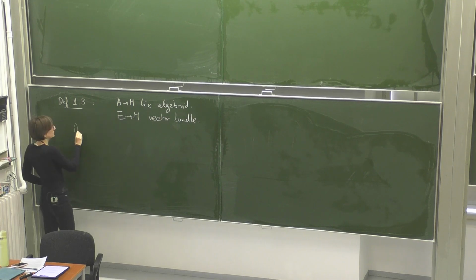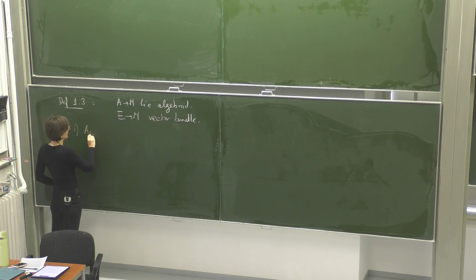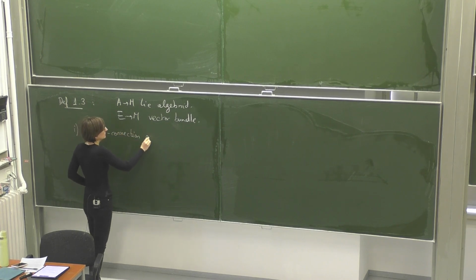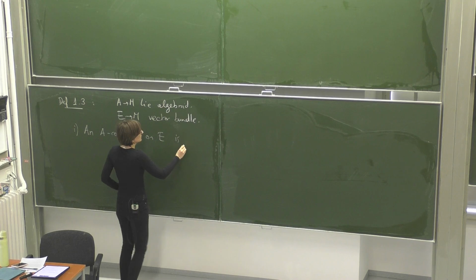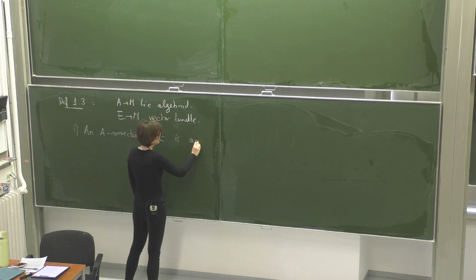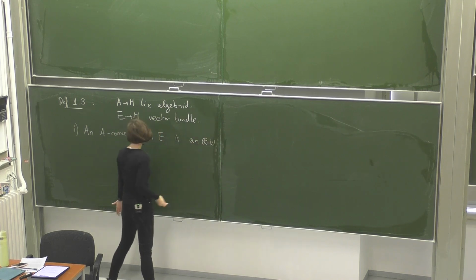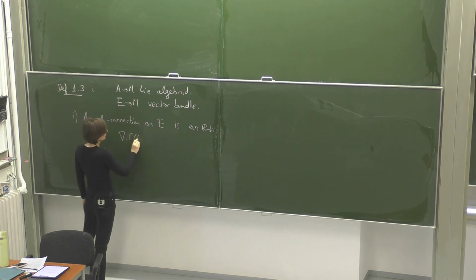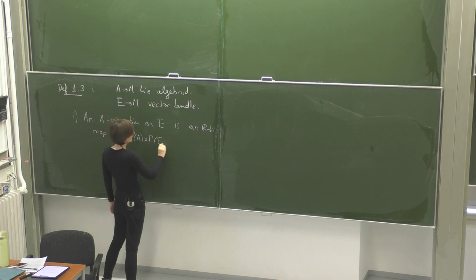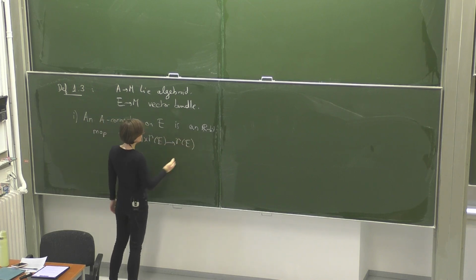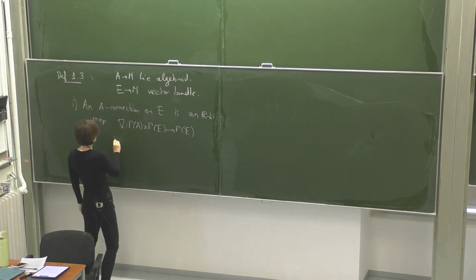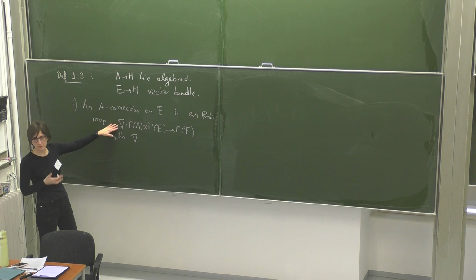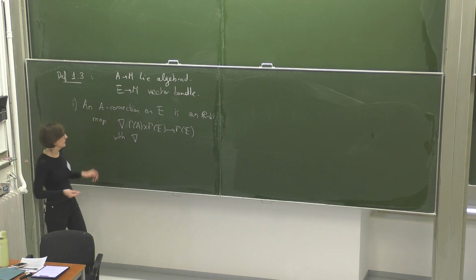And you're going to say that an A-connection on E is an R-bilinear map, and really, again, you copy the standard definition of a TM connection on a vector bundle.